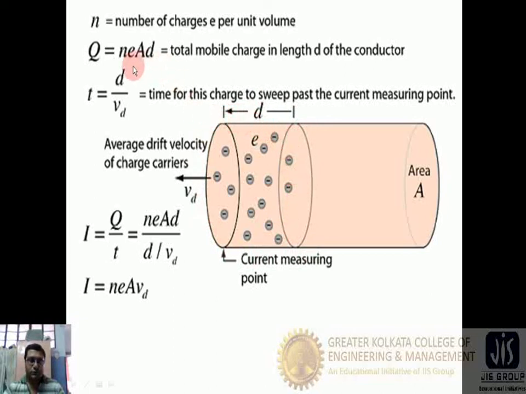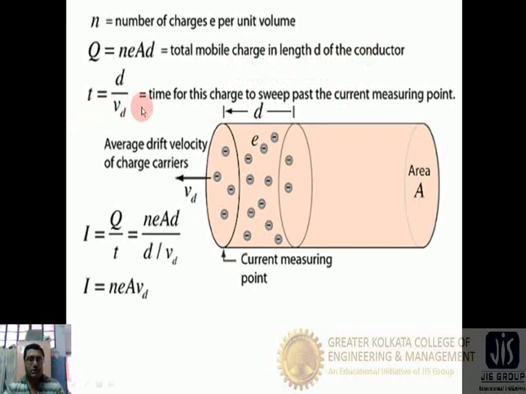Now the total number of charges is equal to the number of electrons, which is N, and e is the electron charge. So we can get the total charge of this portion of the conductor. This is the mobile charge in the length D of the conductor.